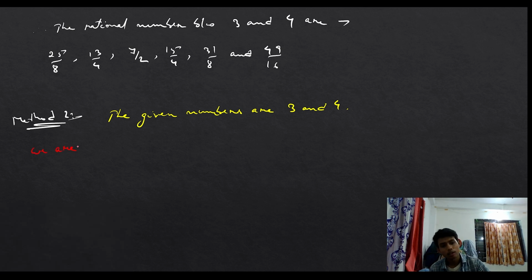We are asked to find 6 rational numbers between 3 and 4.